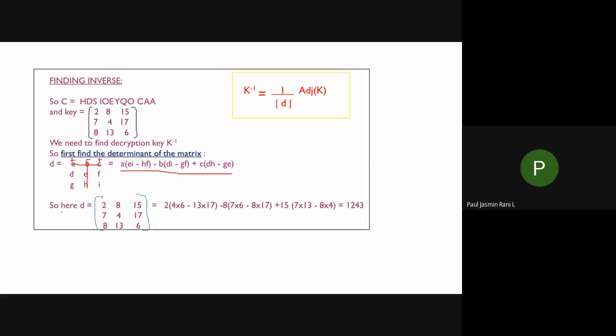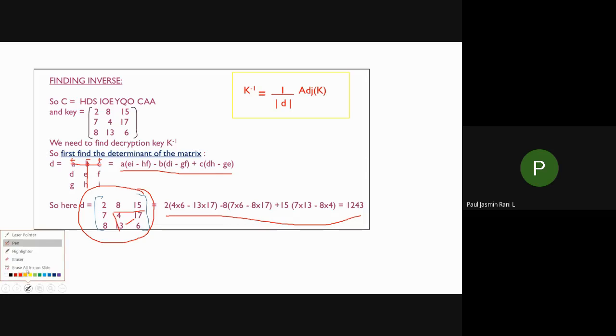So for this key matrix, try to find the determinant value. Do it in your notebook and see whether you are getting this answer. For this 2, you find the cofactor: 2 into (4 into 6 minus 13 into 17).